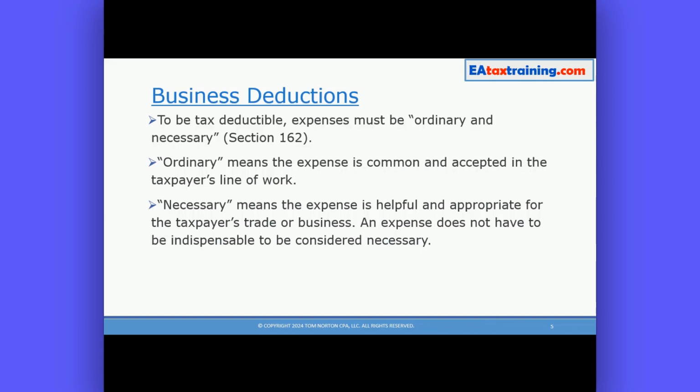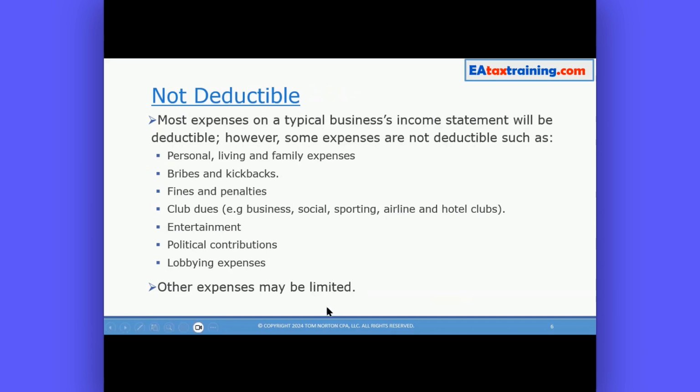You're not stretching it. You're not trying to cheat even just a little bit, but this is legitimately an expense related directly to being in business. But for the exam, you need to know these definitions. So remember those definitions and remember Section 162, ordinary and necessary expenses.